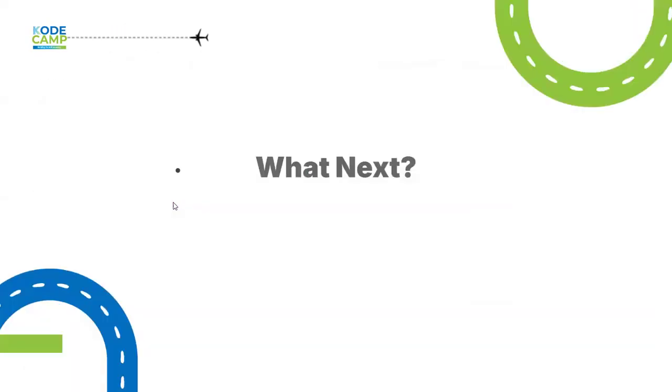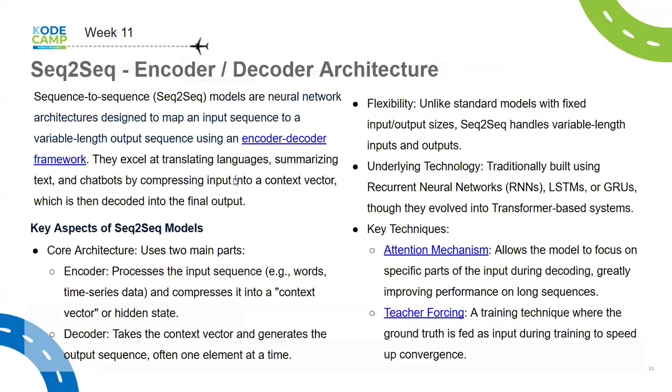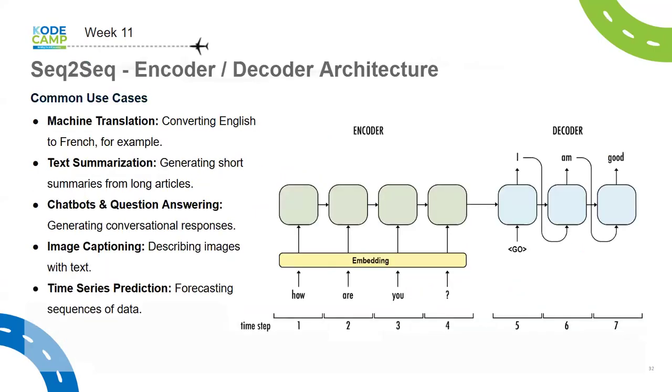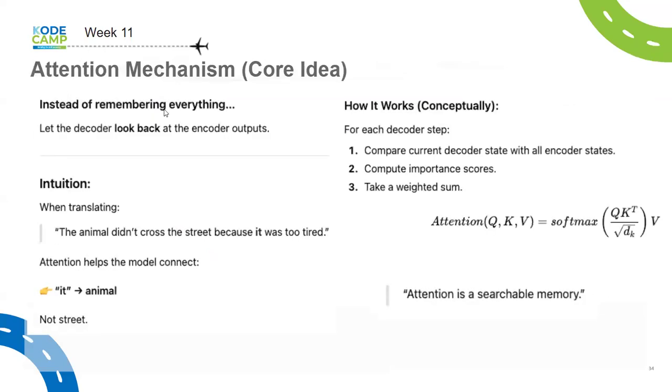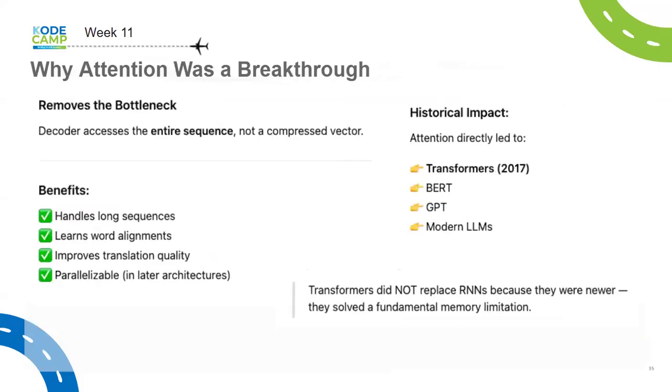When we've talked about sequence-to-sequence models, which we'll go into in detail, the next thing would be to look at how all of this works. Then we'll talk about the context vector bottleneck, and the attention mechanism that solved it.